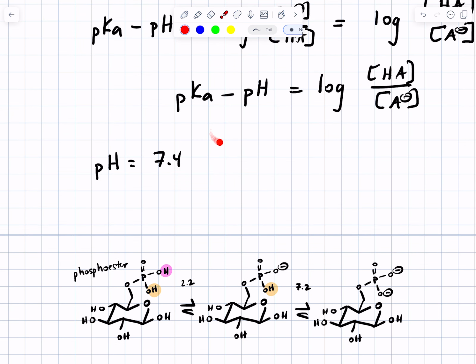Okay, if the number is negative, then the number inside the log has to be less than 1. Numbers greater than 1 have a positive logarithm. Numbers less than 1, between 1 and 0, have a negative logarithm. So if the conjugate base is in greater concentration than the acid, this log has to be negative.